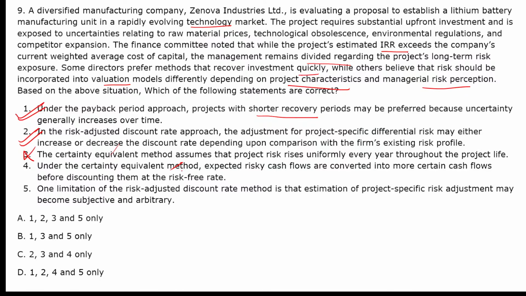Under the certainty equivalent method, expected risky cash flows are converted into more certain cash flows before discounting them at the risk-free rate. Correct. One limitation is that estimation of project-specific risk adjustment may become subjective and arbitrary. Correct. These are very subjective answers, so D is the correct answer.